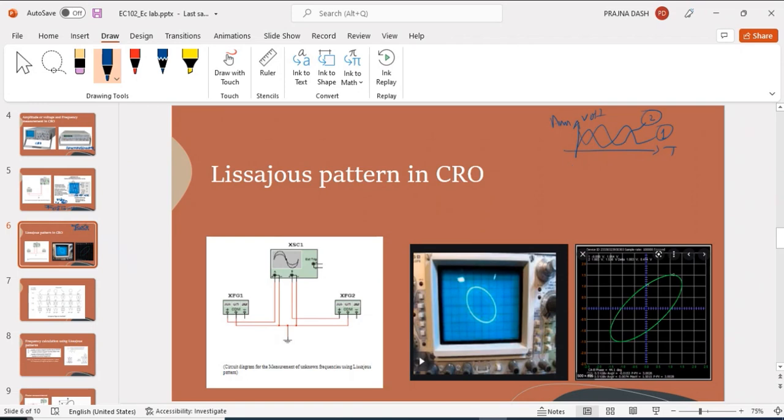If you superimpose both signals, that means aligning the reference axes of both signals, there is an option on your CRO screen to plot the Lissajous pattern.